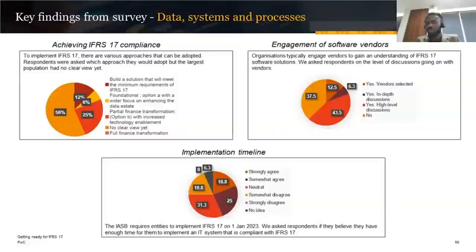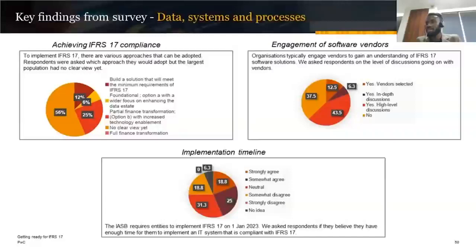On vendor selection, about 12.5% of our respondents have selected their vendors. 44% are at the level of having high-level discussions, so they're still surveying different vendors. About 38% have no activity in that space yet, while 6.3% have gone into advanced discussions with specific vendors on IFRS 17 implementation.